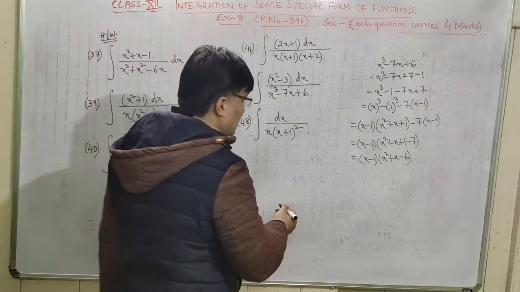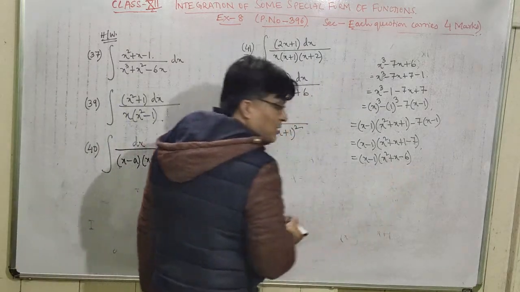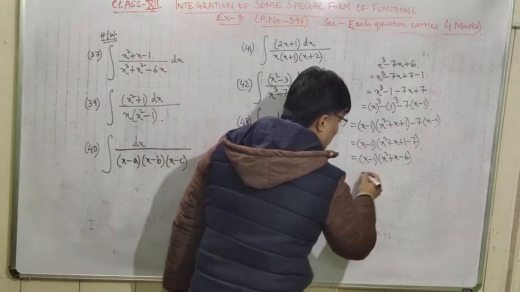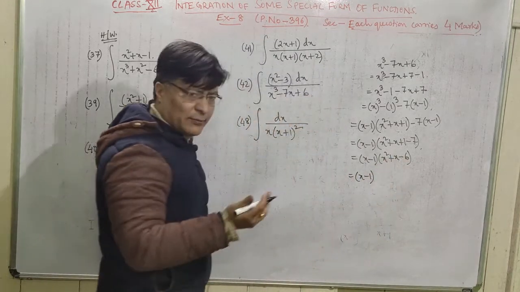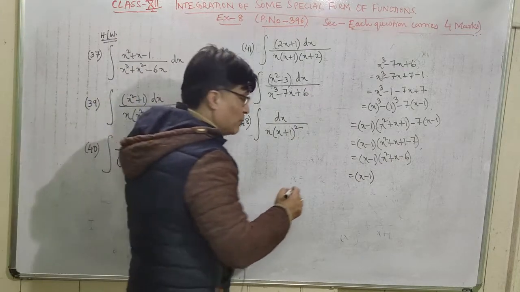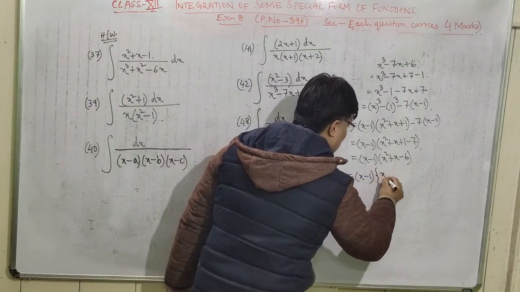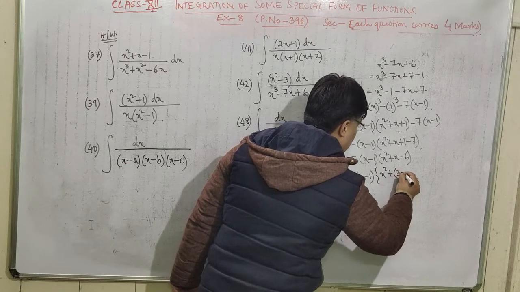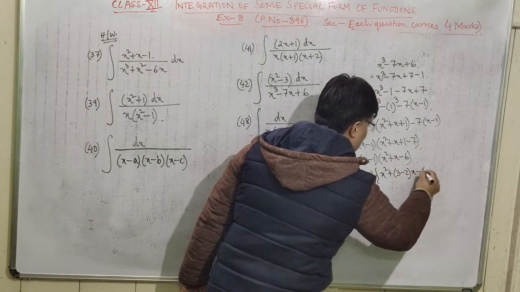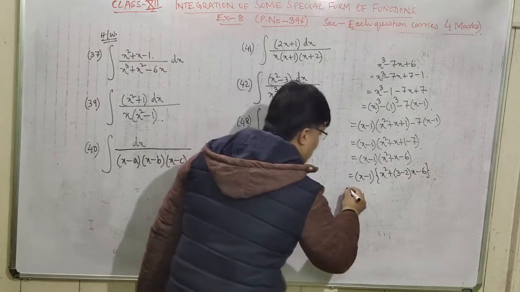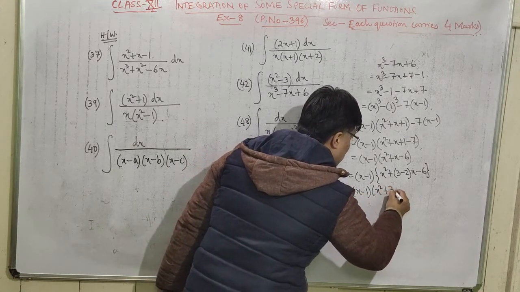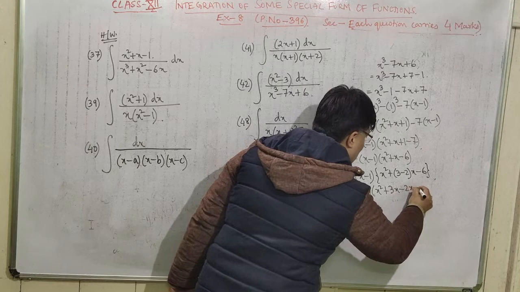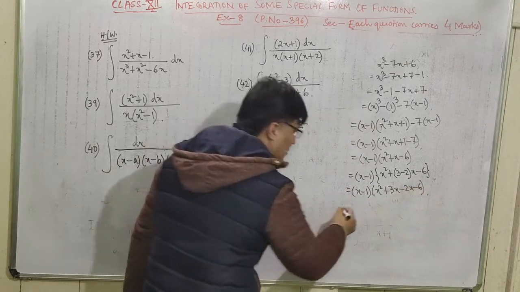Okay. Next, again you can factorize this expression x square plus x minus 6. It can be factorized by middle term breaking, right? So this is x square plus 3 twos are 6, 3 minus 2 is 1, x minus 6. Right? Which is equal to x minus 1 within bracket x square plus 3x minus 2x minus 6. Okay.